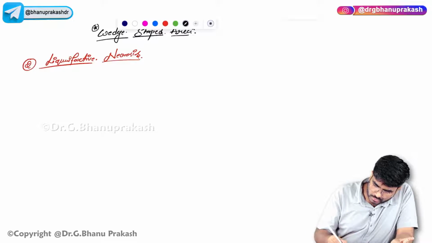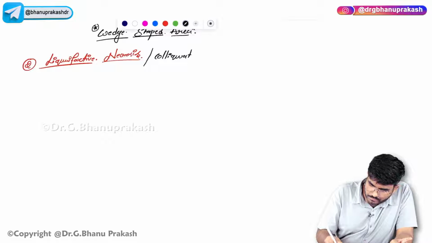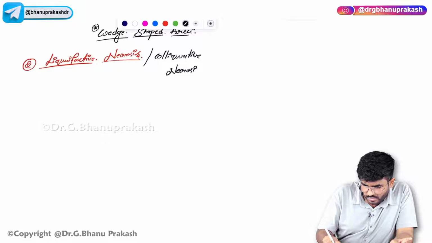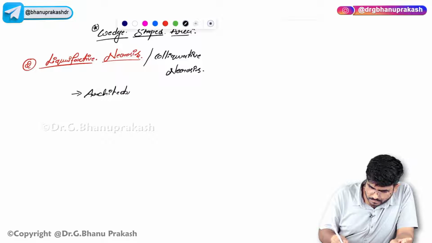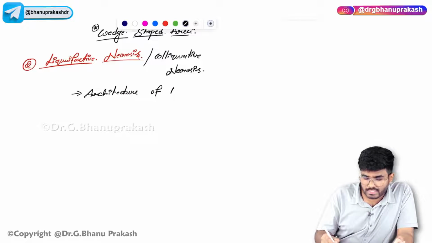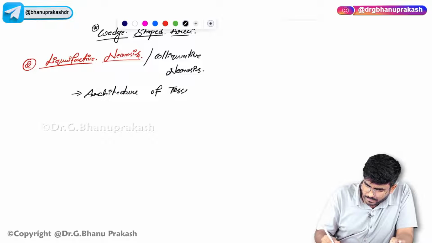But in liquefactive necrosis, which is also called colliquative necrosis, the architecture of tissue or the architecture of cells is not preserved.